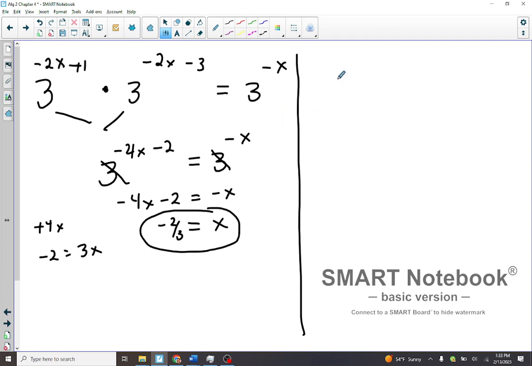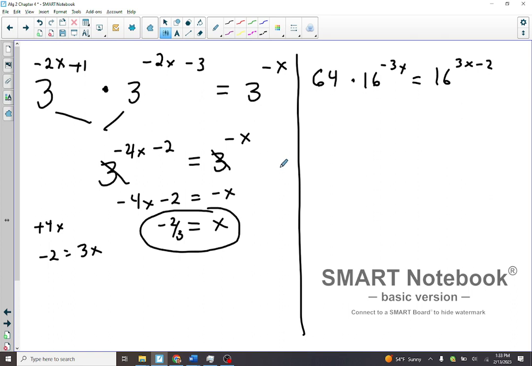Let's do another one. 64 times 16 to the negative 3x equals 16 to the 3x minus 2. Does it say like 4/3? Say that one more time, sorry.